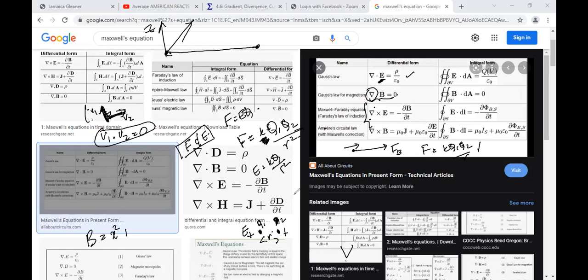So now this equation here and this equation here are related. This thing here is Q. This is charge.